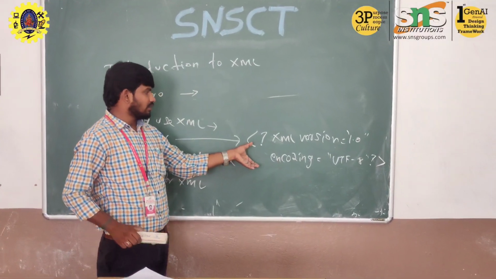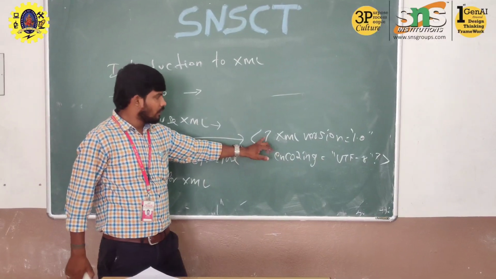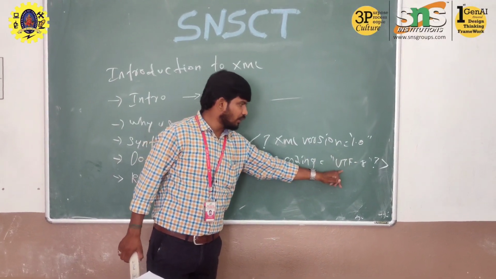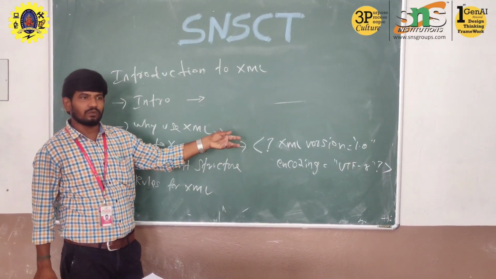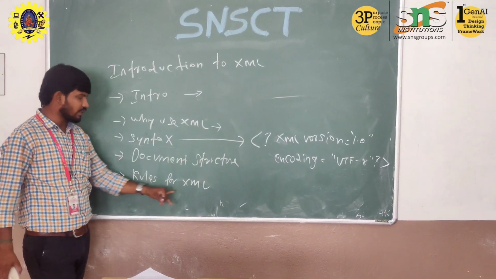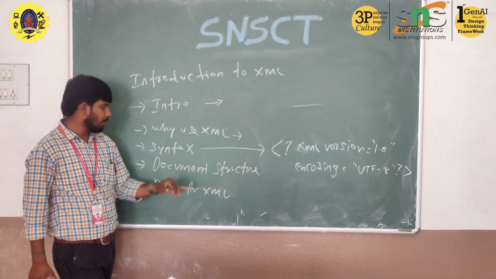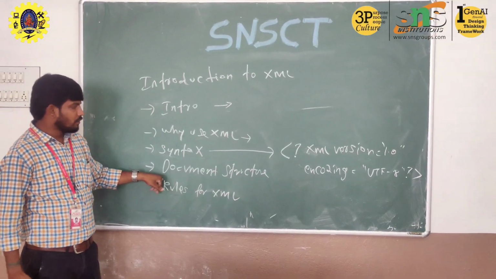This is the syntax of XML code, the first line of XML coding. The version is by default 1.0, and UTF is a character set, which is optional. So we have seen the first line of XML syntax and will see the rules of XML later.